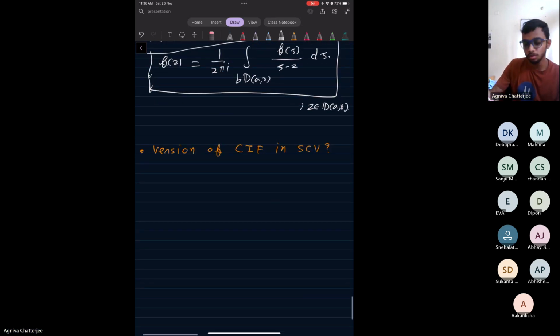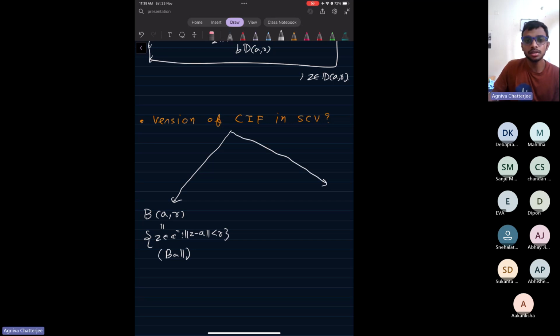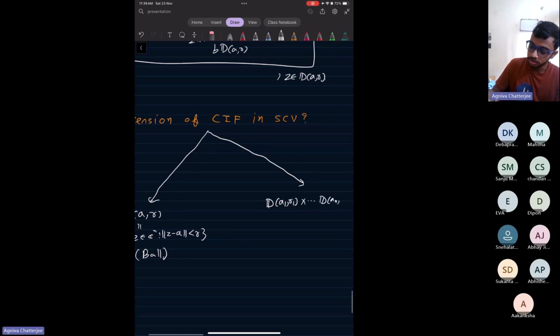Well, one choice is, of course, the topological ball, B(a, r), which is all z in Cn such that the norm of z minus a is less than r. There is another option, by the way, and that is to take the n-fold Cartesian product of disks, D(a1, r1) cross ... cross D(an, rn). These are called polydisks.